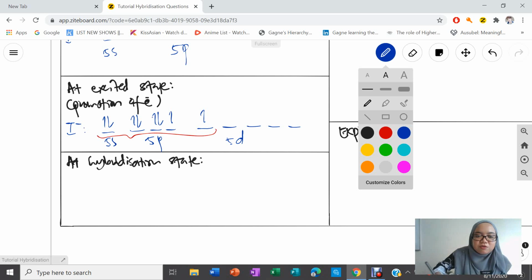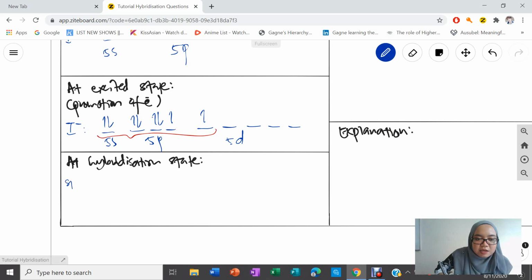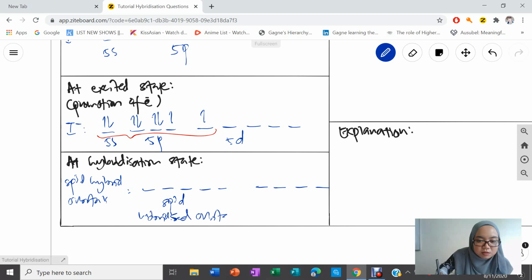So here we can draw sp3d hybrid orbitals. 1, 2, 3, 4, 5. So this is the sp3d hybridized orbitals. This is the empty 5d.